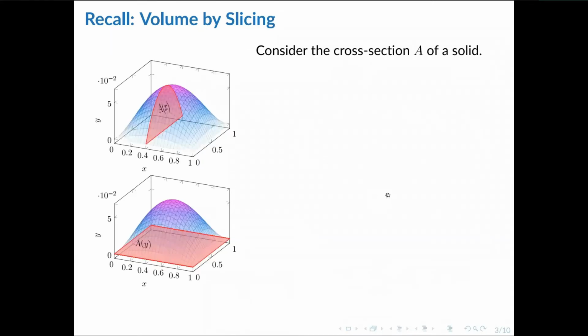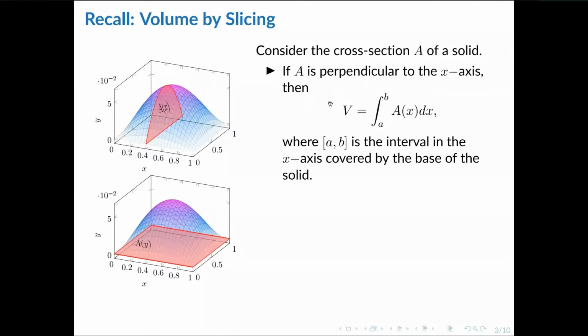So for volume by slicing, consider the cross-section A of a solid. If A is perpendicular to the x-axis, then the volume can be written as the integral of A of x dx from A to B, where AB is the interval in the x-axis covered by the base of the solid.